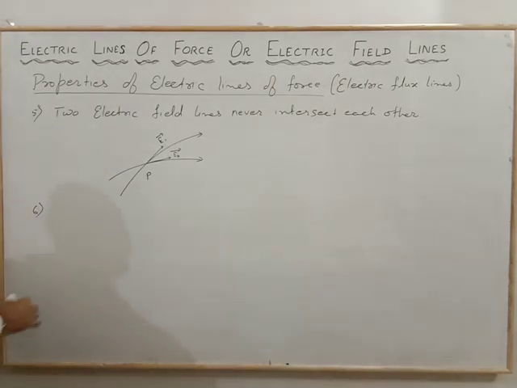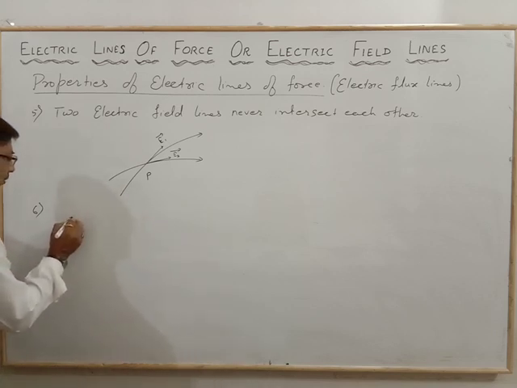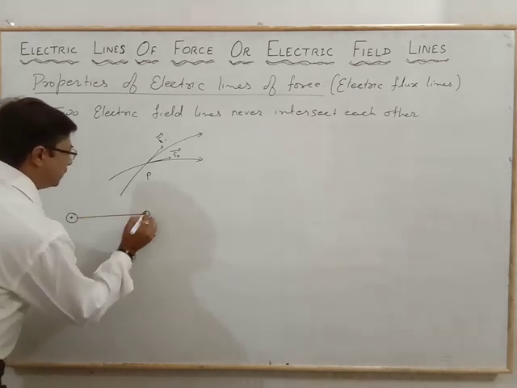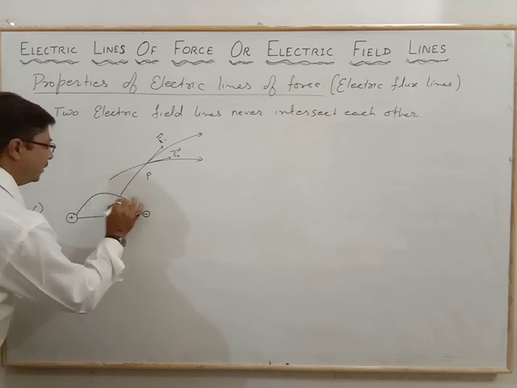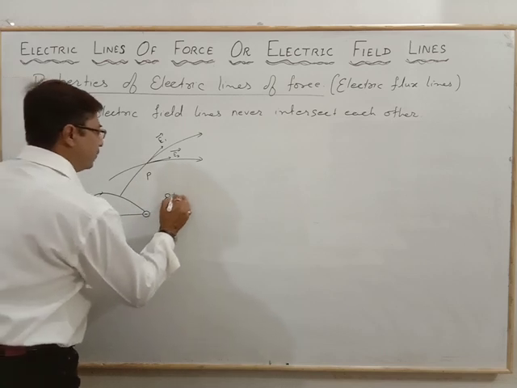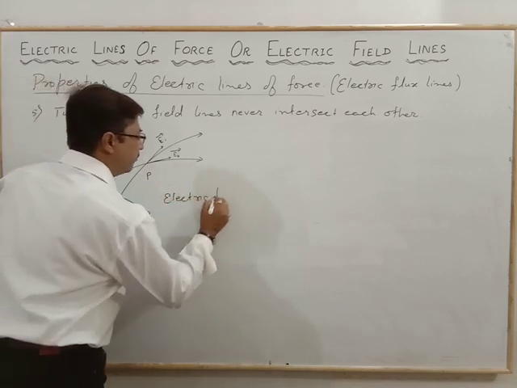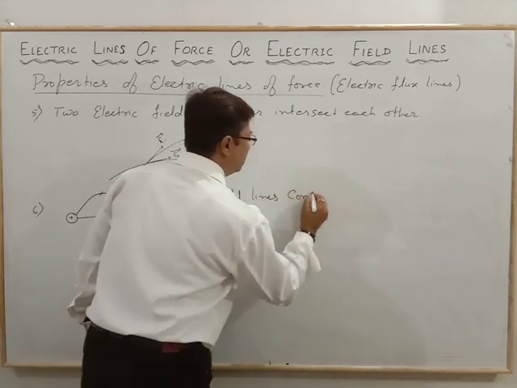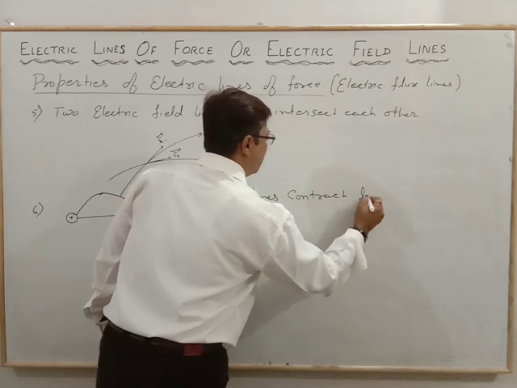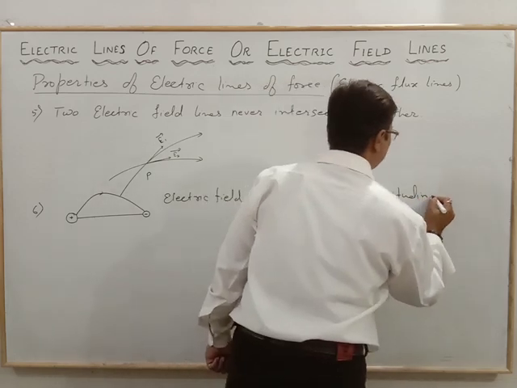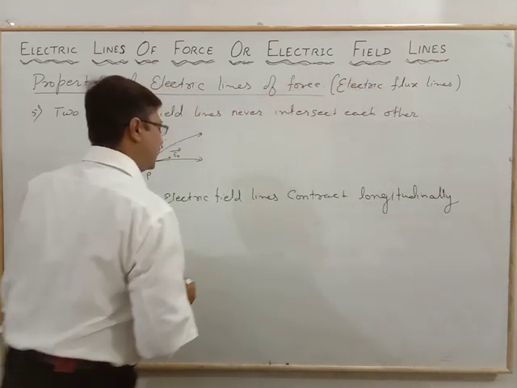Now the sixth property, that is, electric field lines contract longitudinally, that is lengthwise. Electric field lines contract longitudinally, that is lengthwise.